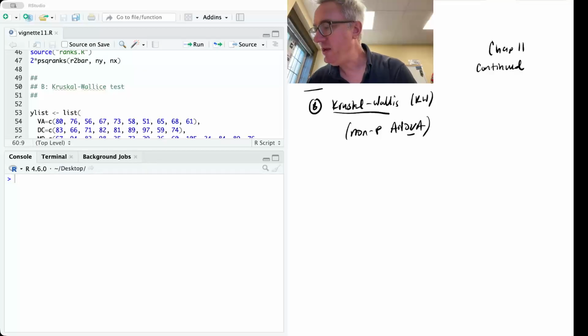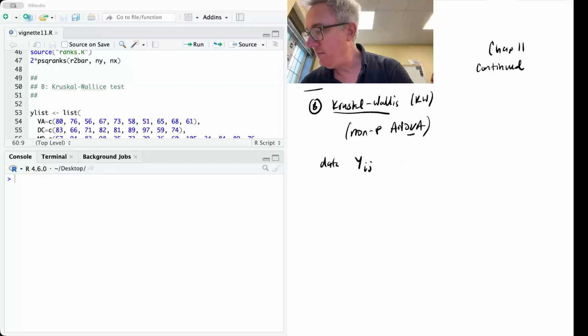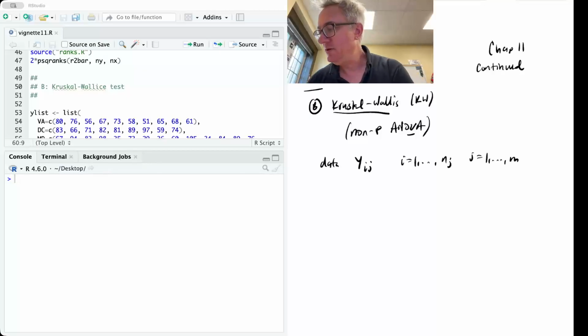All right, so the data, just like with ANOVA, is going to be double indexed. So we're going to have i equals 1 up to nj, and j equals 1 up to m. So I have m groups of samples that may not be all the same number of observations.